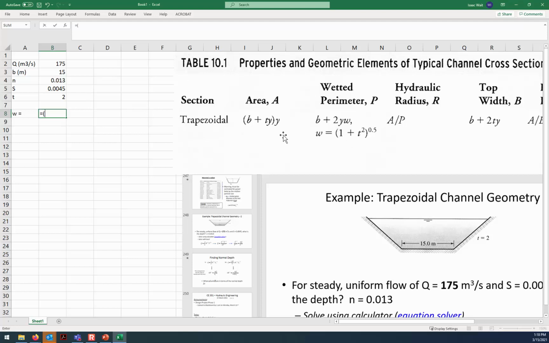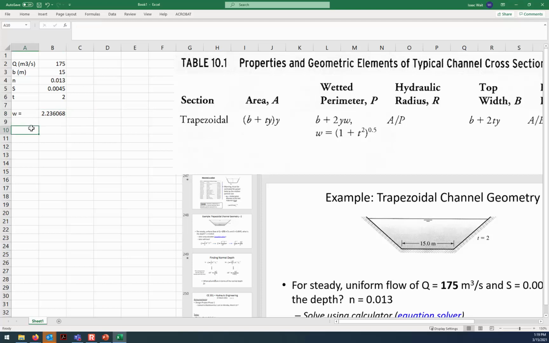So equals 1 plus t squared, close parentheses, and then take that to the power of 0.5. Okay, so W is 2.23. And the reason why I need W is that the wetted perimeter is going to include that W term when I calculate that.